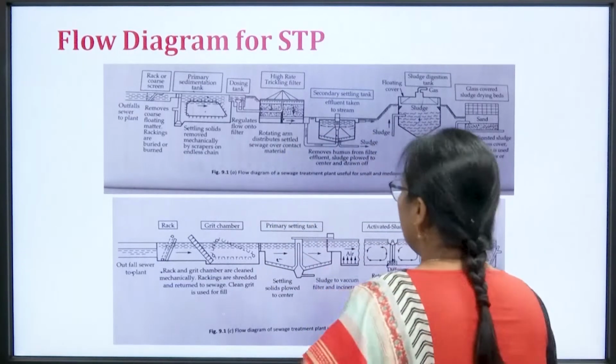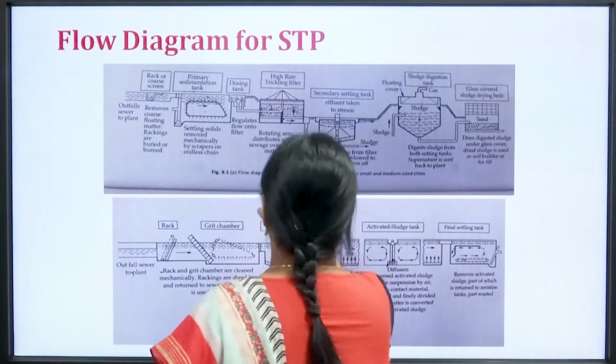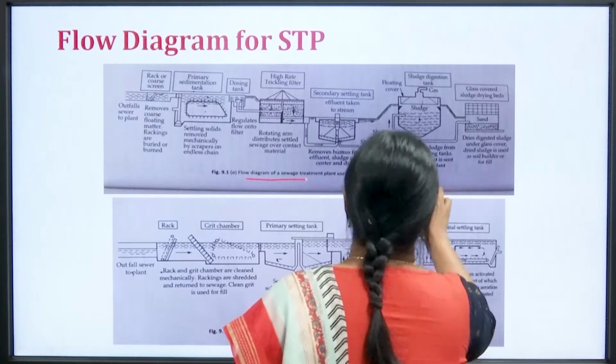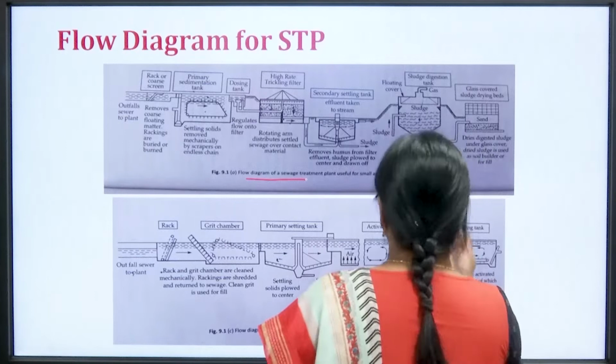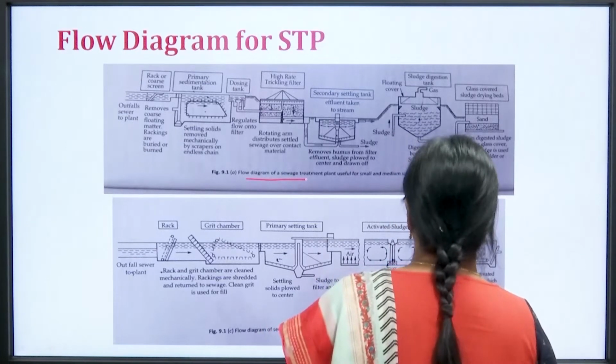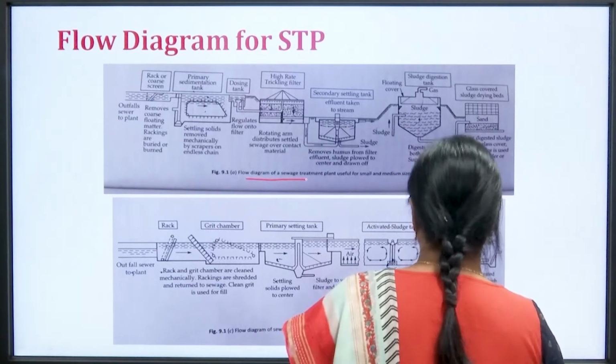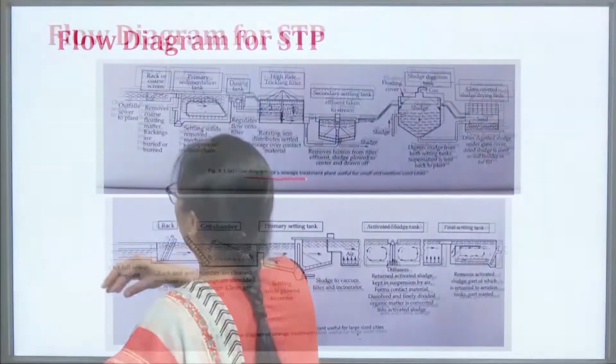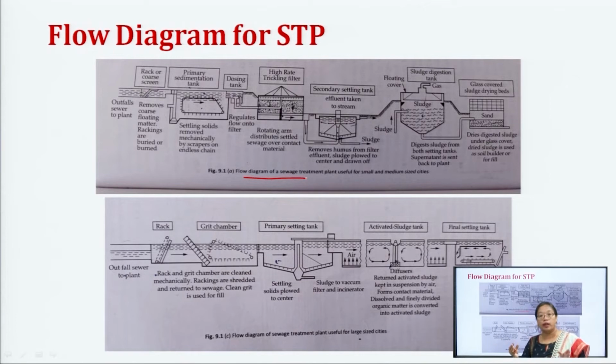So, in the first one you can see the sewage treatment plant for small or medium size cities, where the population is comparatively lesser. Most of the time, whatever wastewater is collected from your houses, kitchens, restaurants and commercial areas will finally go through the sewers to a sewage treatment plant, right.